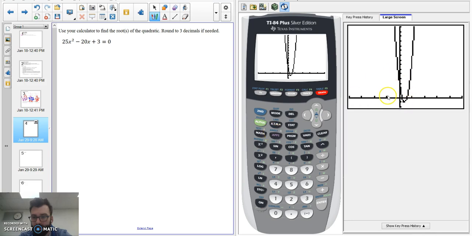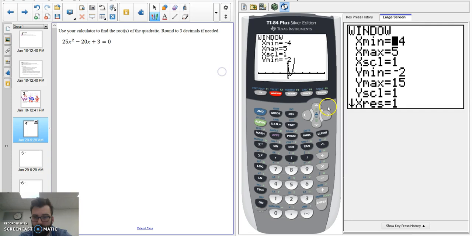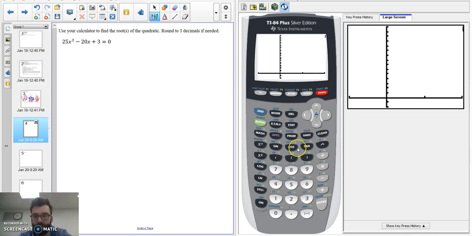All right, still tough to see. I'm going to go from -1 to 2 for my x values. Again, the window is more of a guess and check game. All right, just so I could see. Look at, oh, there we go.